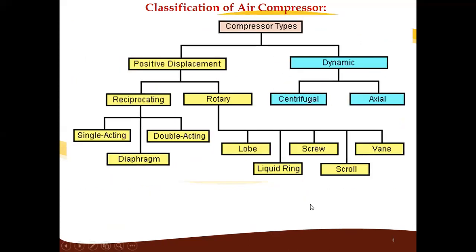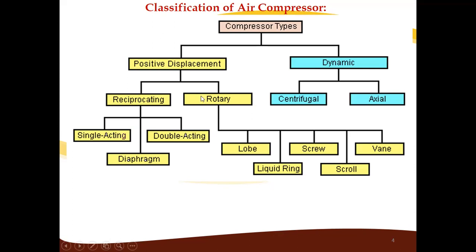Now we will see the different classifications of air compressors. Compressors are classified into positive displacement type compressors and dynamic compressors. The dynamic compressors are again classified into centrifugal compressors and axial compressors, whereas positive displacement type air compressors are again classified into reciprocating type and rotary type. The reciprocating type of positive displacement compressor is again classified into single acting reciprocating compressor, double acting reciprocating compressor, and diaphragm reciprocating compressor.